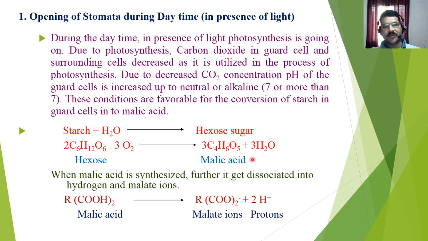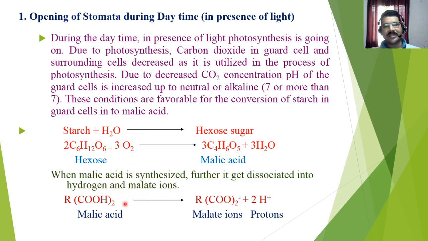When malic acid is synthesized, it further gets dissociated into hydrogen and malate ions. Means when starch gets converted into malic acid, the synthesized malic acid again gets dissociated into hydrogen and malate ions.